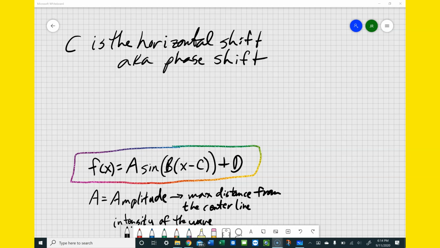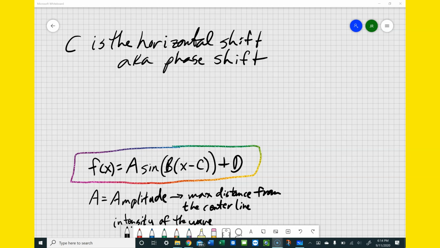So if C was 90 degrees, if it was x minus 90, that would mean that the graph would move 90 degrees to the right. If C was negative 90, then it would be x minus negative 90, which would turn this into x plus 90 in here. Then it would move 90 degrees to the left.